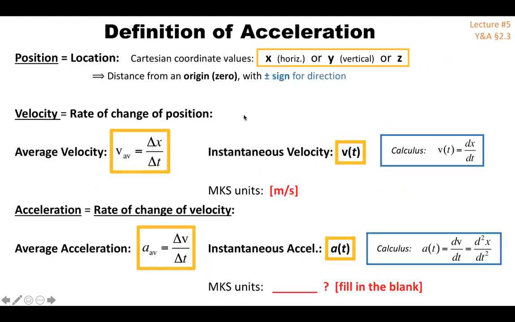Let's mathematically define acceleration a little better. Up until now, we've been just using a common sense definition of it based on its units and what we want it to mean. I'm just reminding you, this first part up here is a reminder of what we have from a previous lecture, and that is, position is our x or y or z Cartesian coordinate, and it can be to the right of the origin or to the left of the origin.